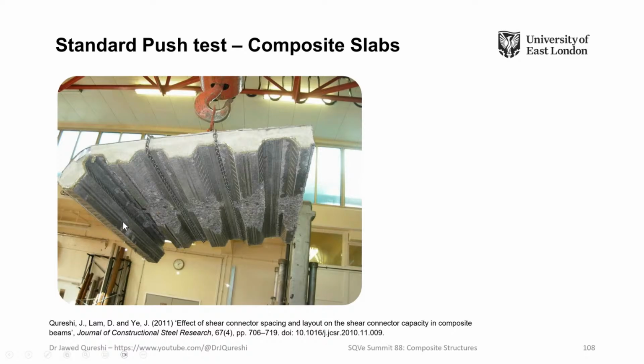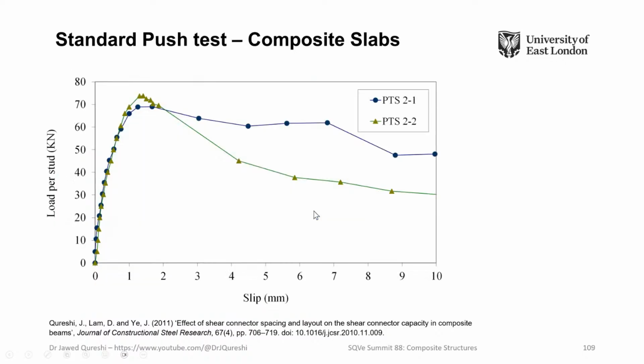Looking at here, what we do is that the stud strength is divided by the number of studs. There are 5 studs, 1, 2, 3, 4, 5, and we divide everything by 5. But looking at these cones, the cones do not match. The studs nearer to the loading are taking a lot of load. But again, this is the convention that we have been using in design codes for the stud strength.